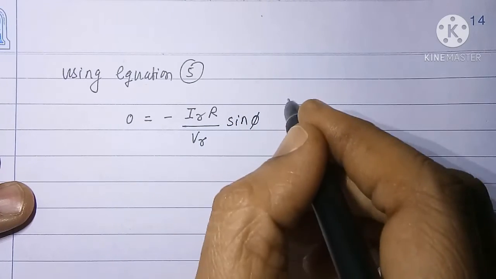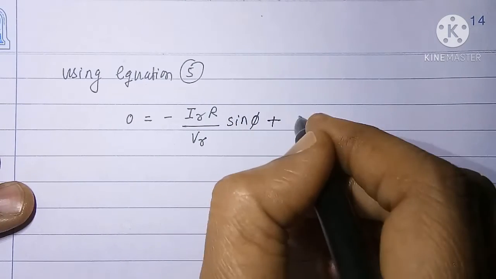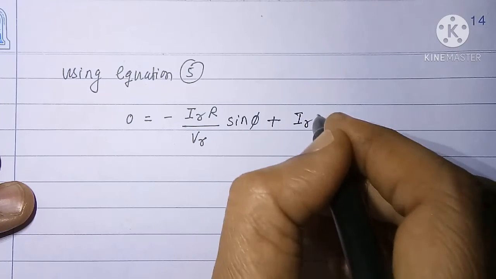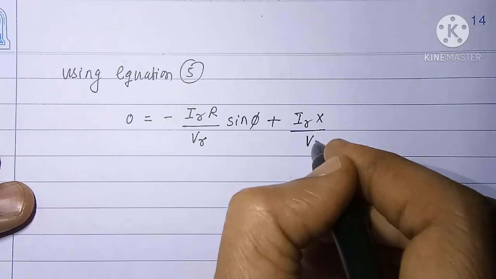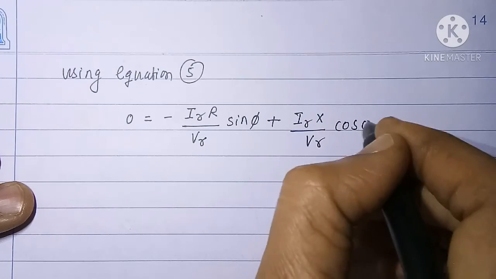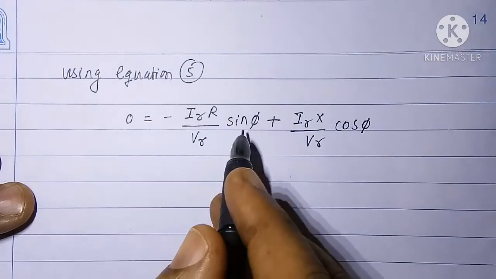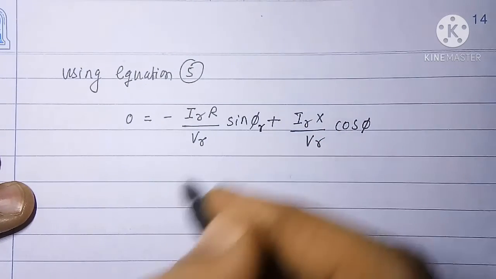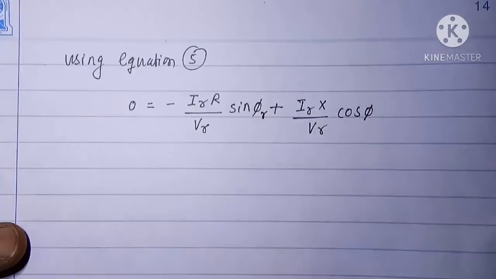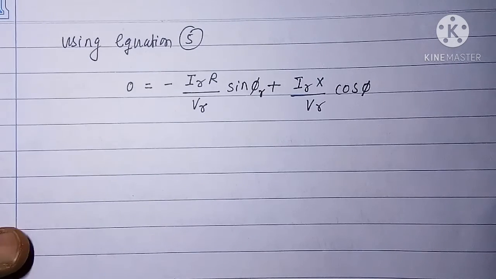This is after differentiation, I am writing here directly, because differentiation of cos phi r is minus sin phi r and differentiation of sin phi r is plus cos phi r.